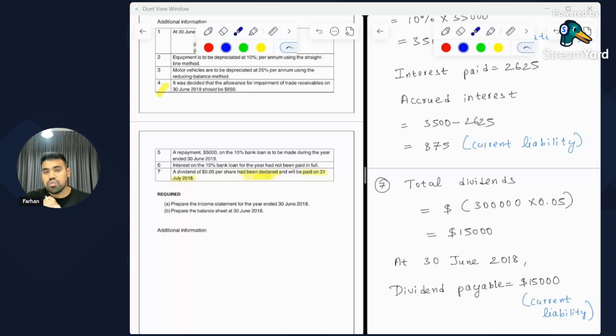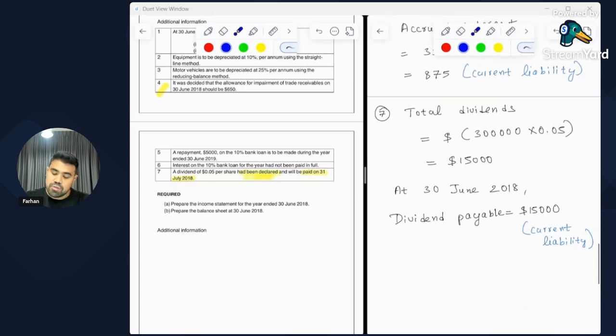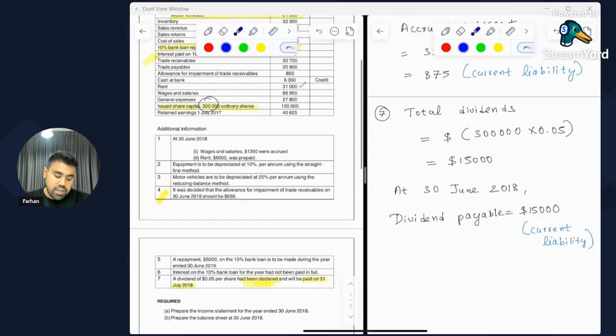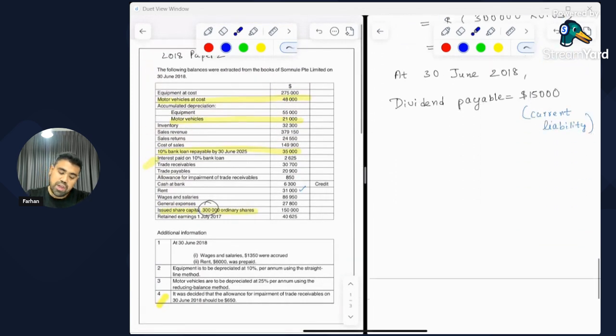So at 30 June 2018, when you are preparing the income statement and the balance sheet, this dividend is to be reported as dividend payable because we still haven't paid for this dividend in cash, right? So the dividend payable is $15,000, and this is a current liability, and all liabilities are reported in the balance sheet, okay? All right, so now let's just quickly prepare our income statement.